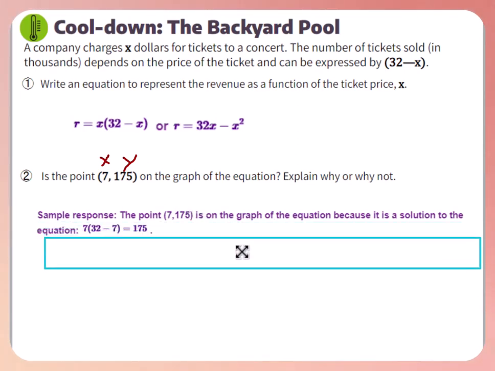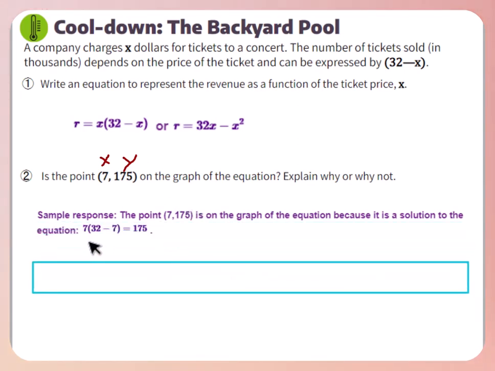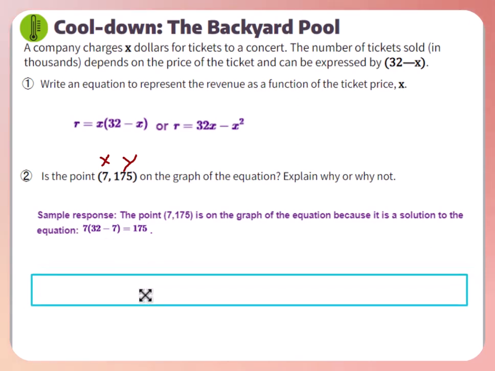It's because it's a solution to this equation. Substitute in 7 for X and 175 for Y. Then simplify, and you'll see that when you subtract 7 from 32 and then multiply by 7, you get 175.